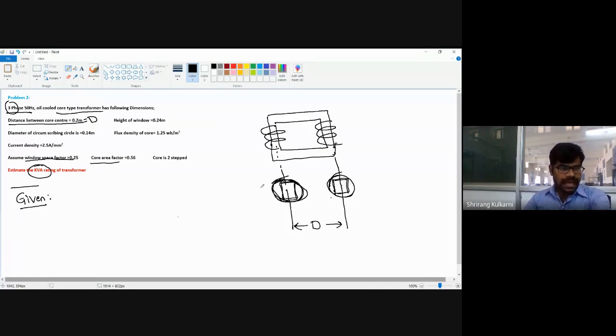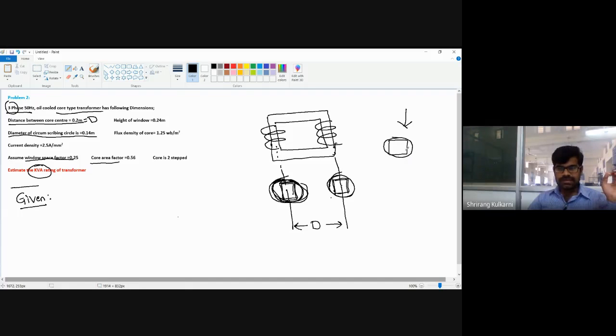Next, the diameter of the circumscribing circle is 0.14 meter. What is the meaning of circumscribing circle? It is the core, and surrounding it is the winding. From the top view, it just looks like a circle, called the circumscribing circle.